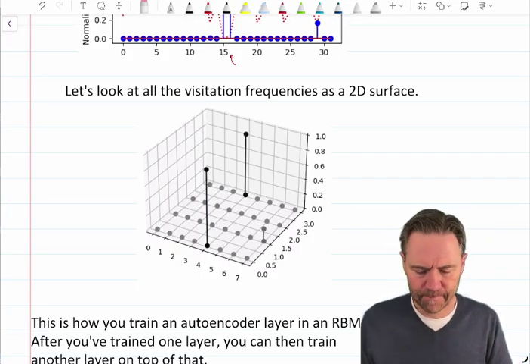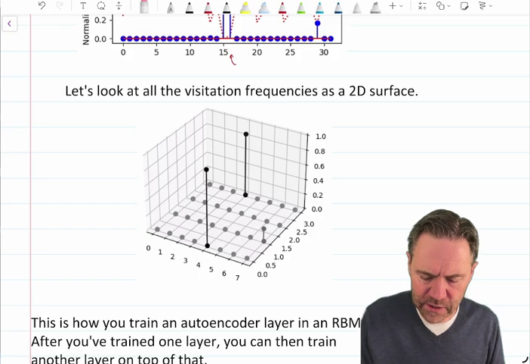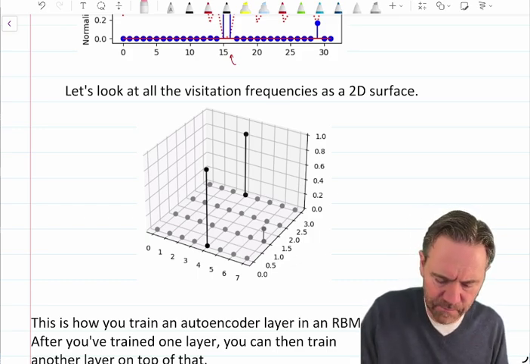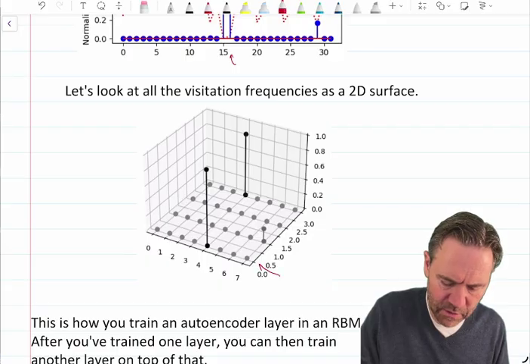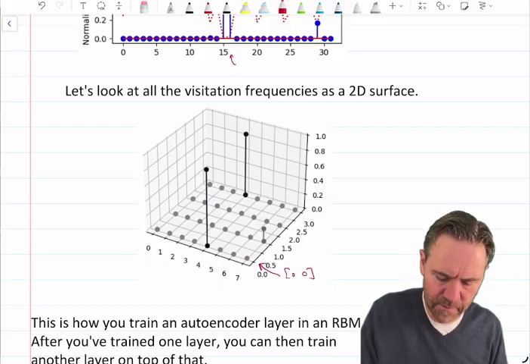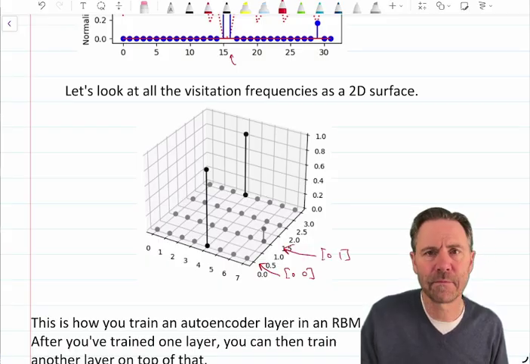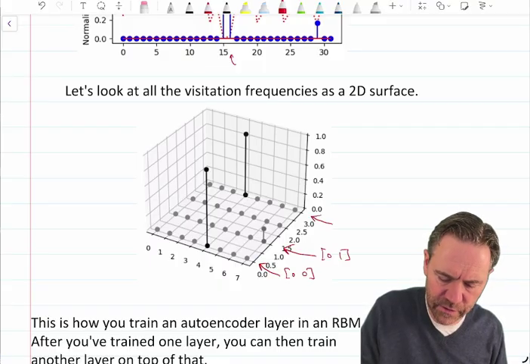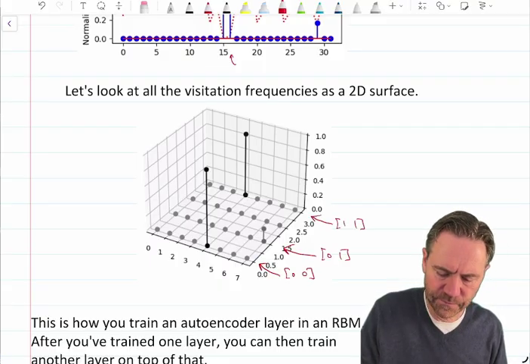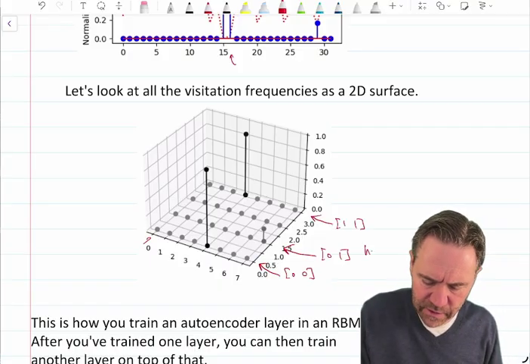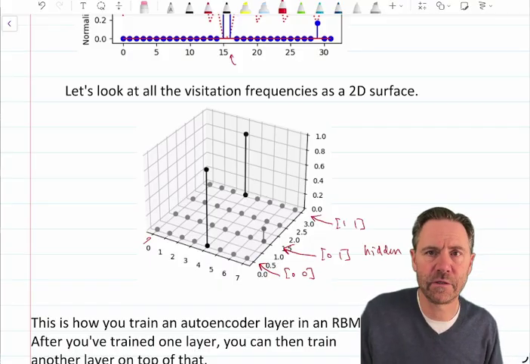Let me label these. This axis over here on the right is the hidden axis. It goes from 0 to 3. So this element here, the value of 0, represents 0, 0. This here is 0, 1. This one over is 1, 0, and this one here is 1, 1. Over here are the hidden states.